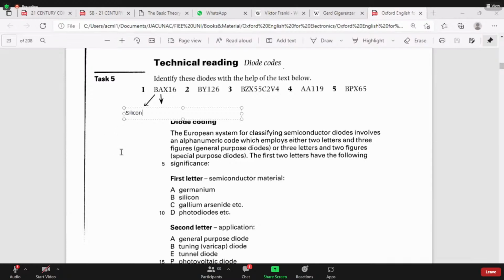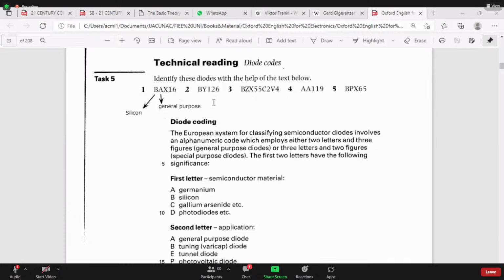Like Silicon Valley, silicon. Now, A corresponds to general purpose. And what is X16? This is just a general purpose diode. So X16 is the capsule model of the diode, practically the model that the manufacturer gives to this.